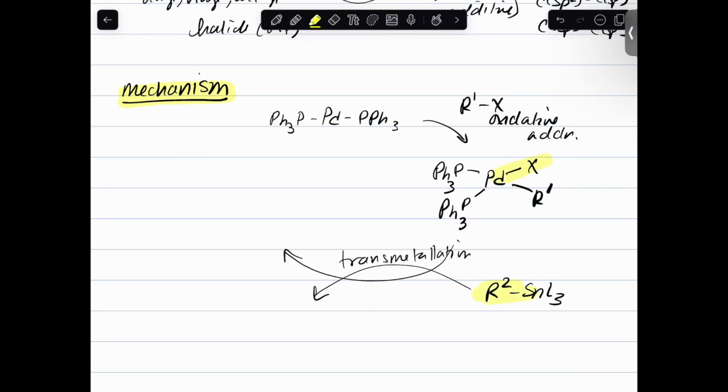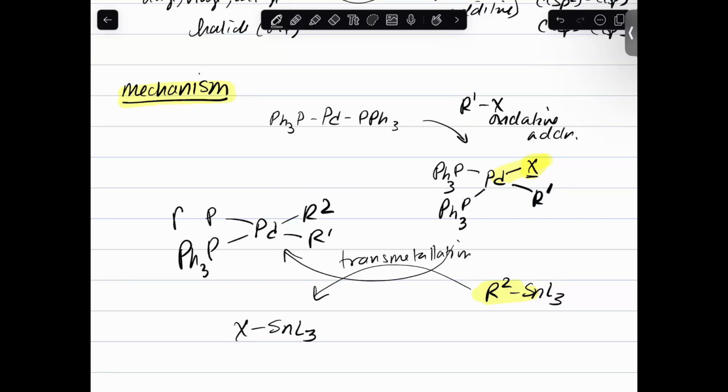So now my halogen or my triflate that's bonded to my palladium is bonded to my tin reagent. And my alkyl group that was once bonded to my tin is now bonded to my palladium. And you've got your reductive elimination step, where you form your R1, R2 bond. Okay.